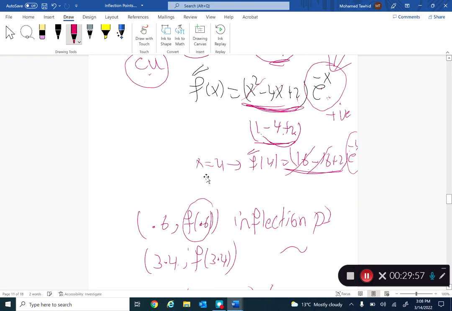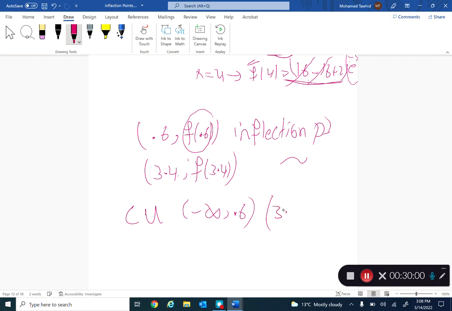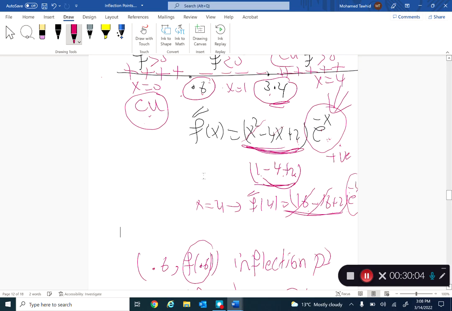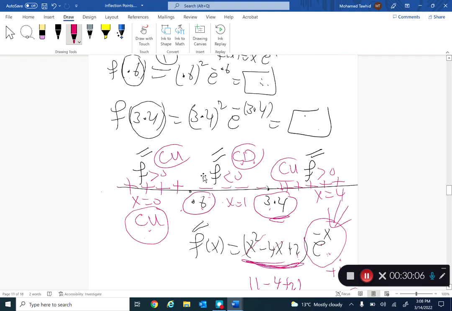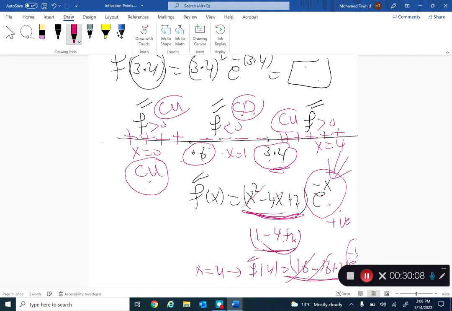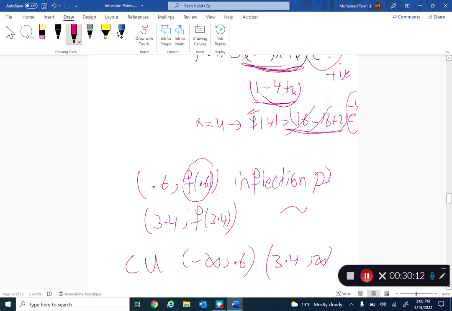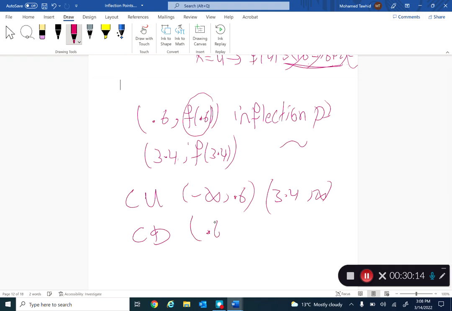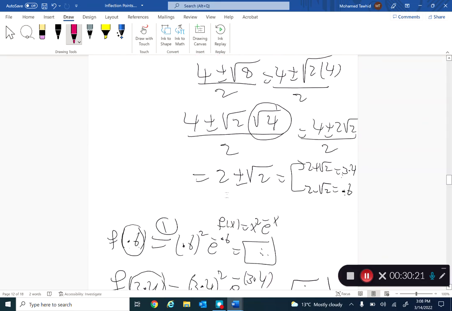Where is the graph concave down? If you have a negative sign, the sign of your second derivative is negative, which means concave down. That should be between 0.6 and 3.4. All right, so that is where the graph is concave up and concave down.